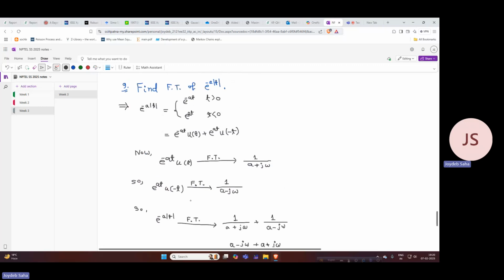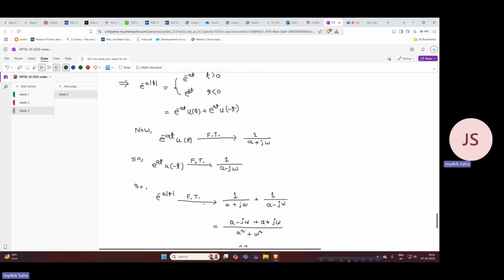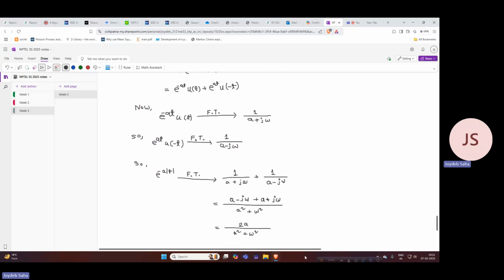So what we have done, please take a glance at this. Please try to understand what we have done. Take 2 minutes, take your time to understand, especially this part.